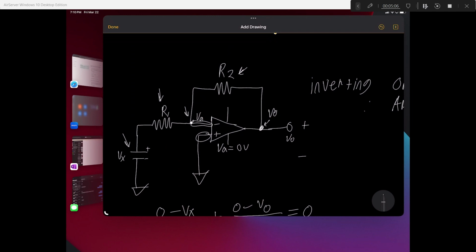The top being the positive one, plus 10 volts, and this is going to be negative 10 volts. The range of the V out has to be in between 10 and negative 10. It cannot be greater than that.